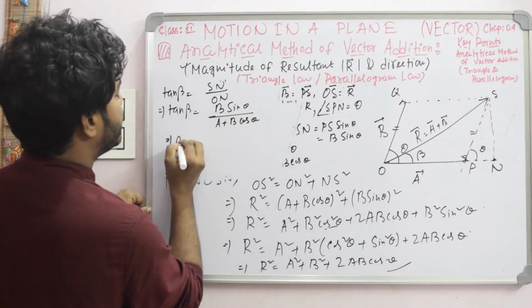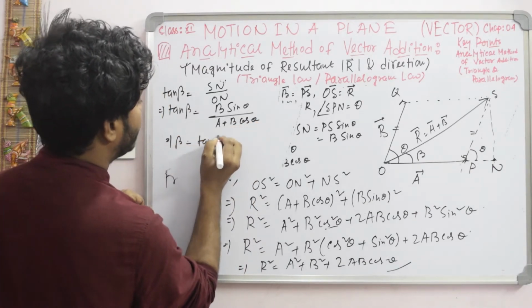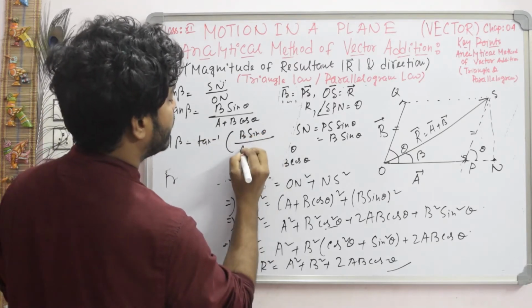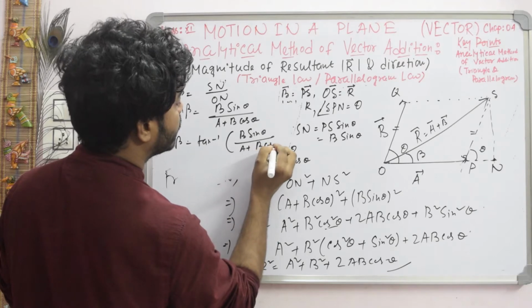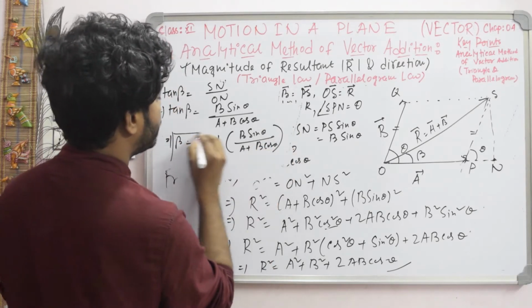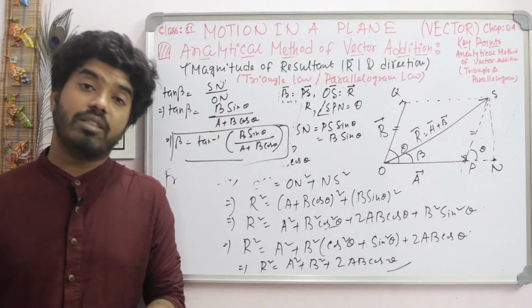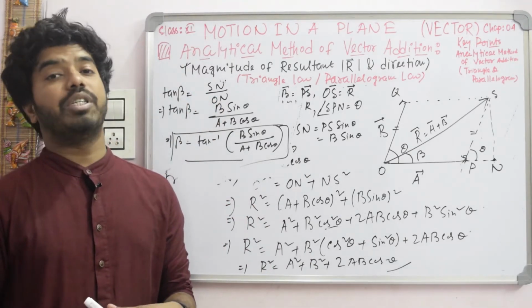So the value of beta is tan inverse of B sin theta divided by A plus B cos theta. This derivation is very important, students, for your board exam and for competitive purposes.